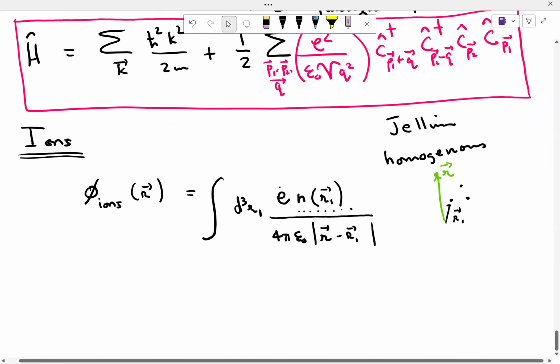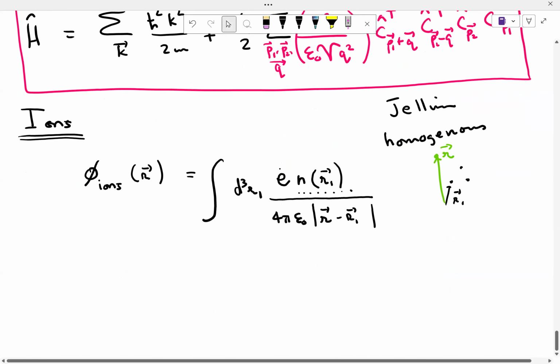Now, if I know the electric potential and I also have the electrons, then if they are homogeneous, as they are in a free system, the number density of electrons will be the same as the number density of the protons. So the Hamiltonian, due to the electron-ion interactions, will simply be given by the number density of electrons. The electrons are now at R because we're looking at the interaction between electrons and ions.